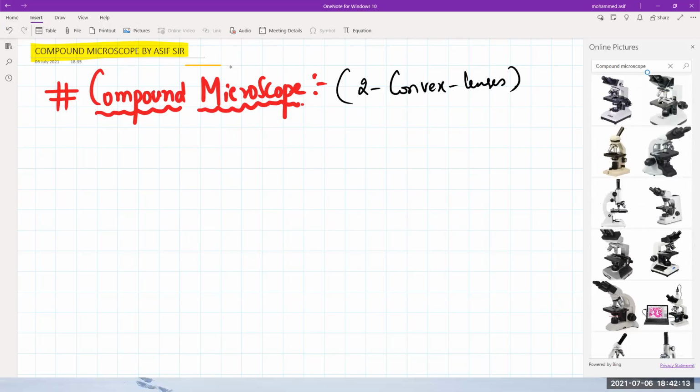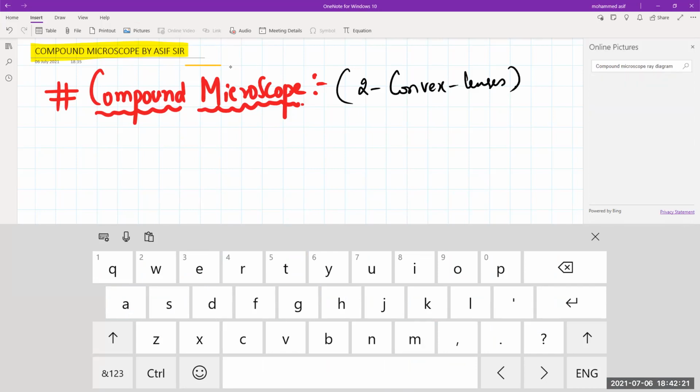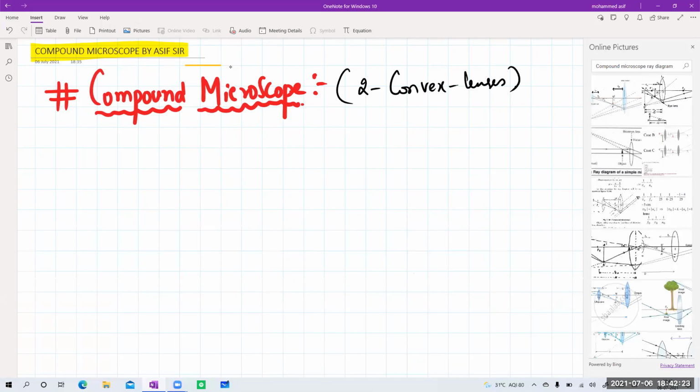So check for compound microscope ray diagrams. We have the NCERT one. Let me check it out, which will be better.